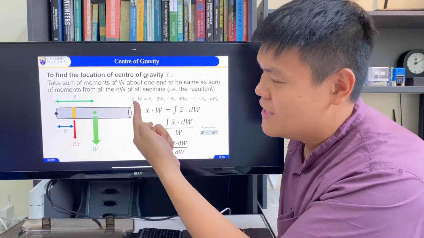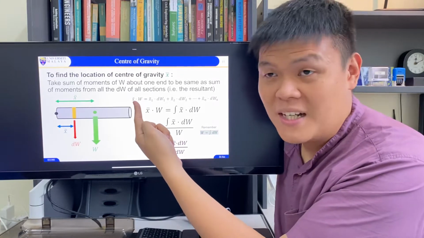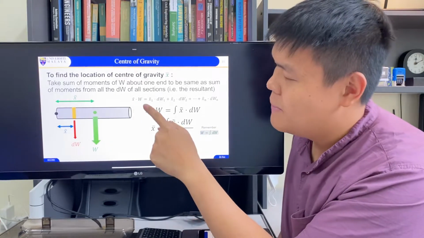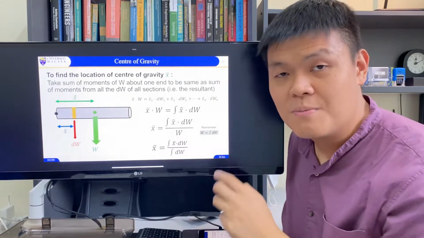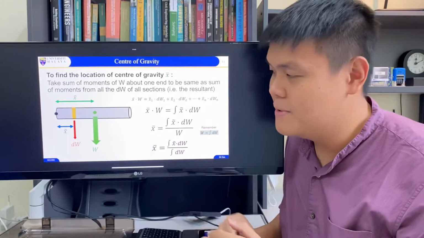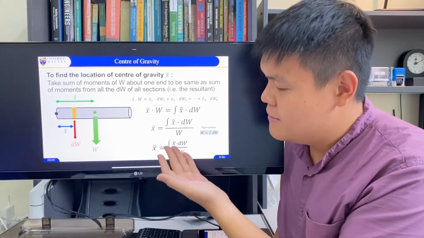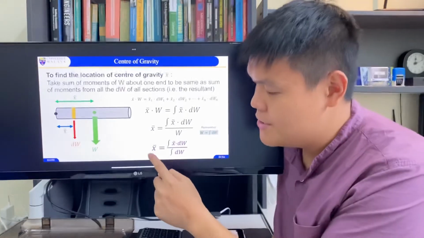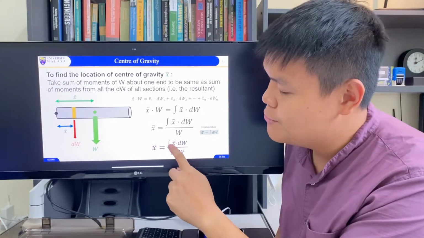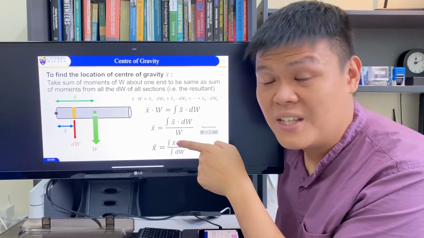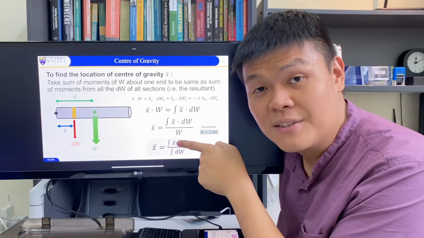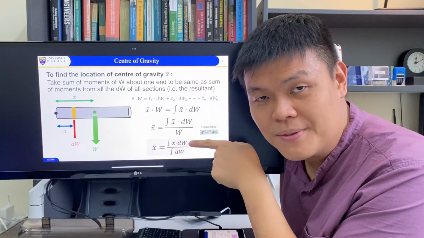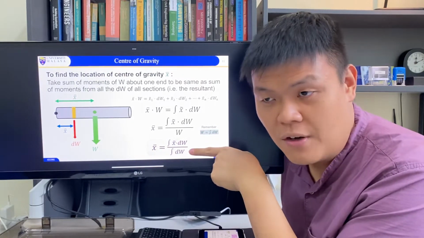You work this out and you get this equation: x bar is equal to the integral of x curvy bar times dW, divided by the integral of dW.